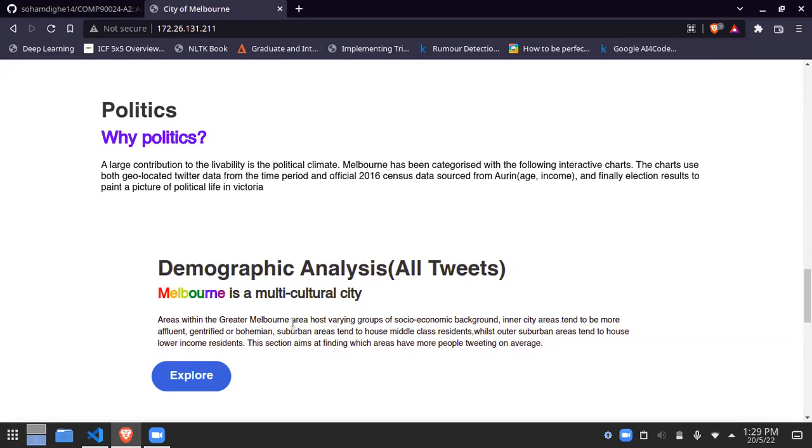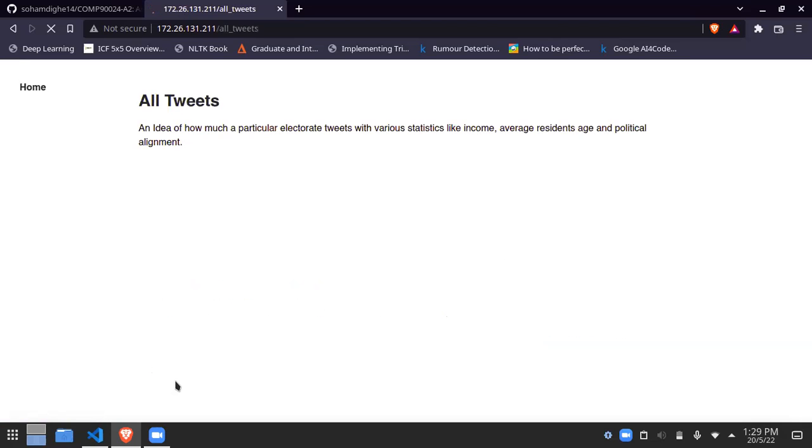As it says, Melbourne has a varying group of socio-economic backgrounds, which means that they must have different outlooks, different needs, different political alignments. So in that sense, we wanted to take a look at how things go along.